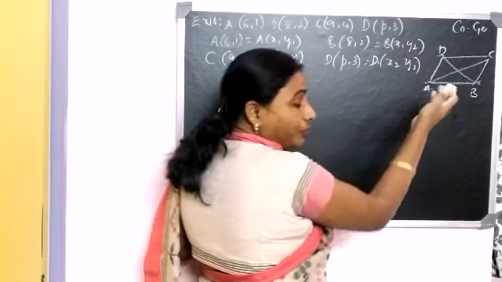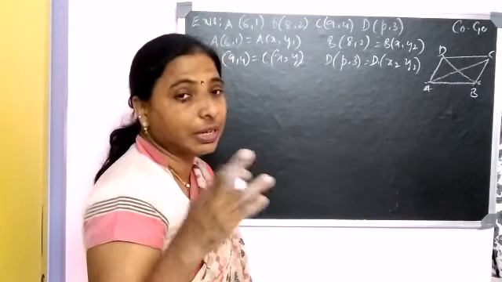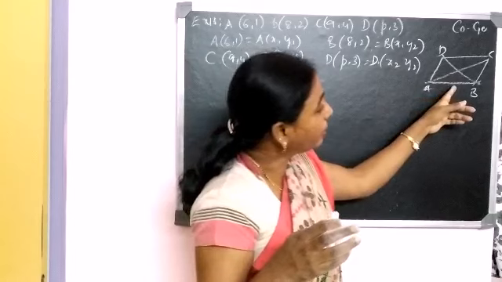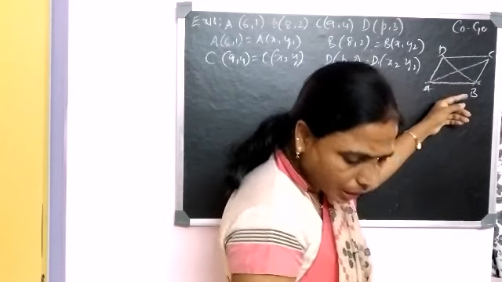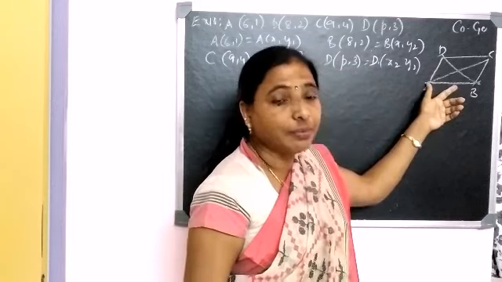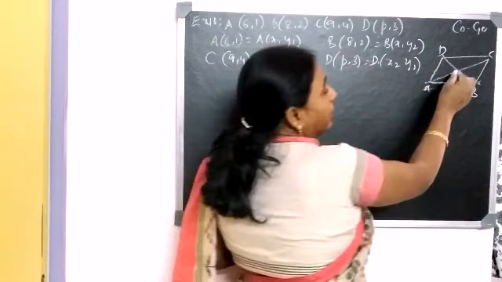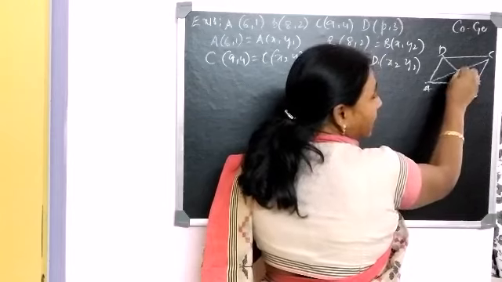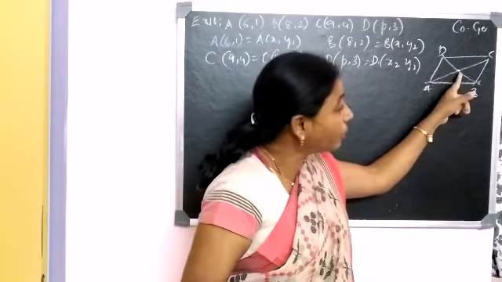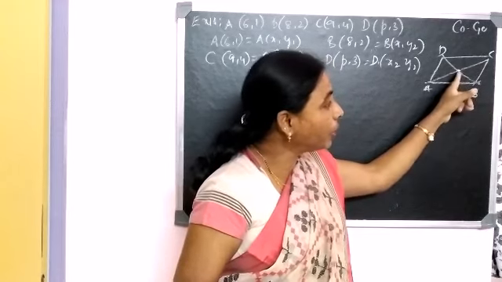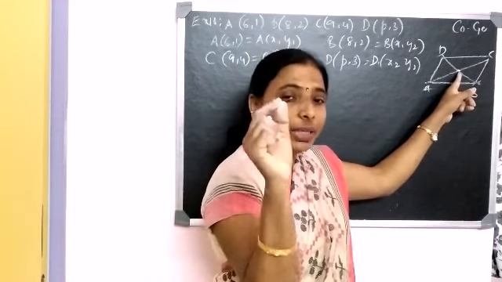You can check the diagonals of this parallelogram. That means what we are doing here is that these are the midpoints of AC and BD. The midpoint of AC and the midpoint of BD are meeting at a point.